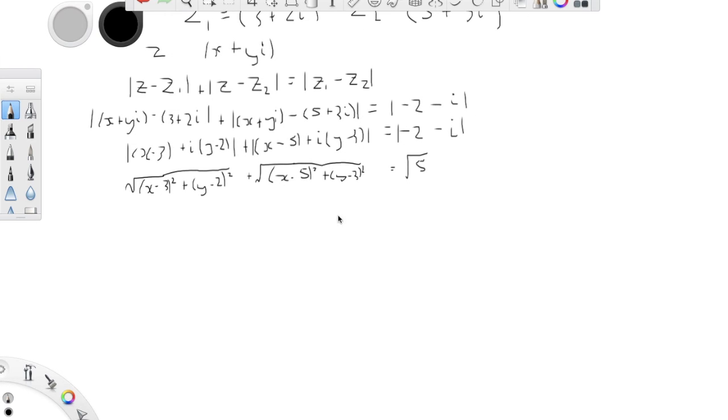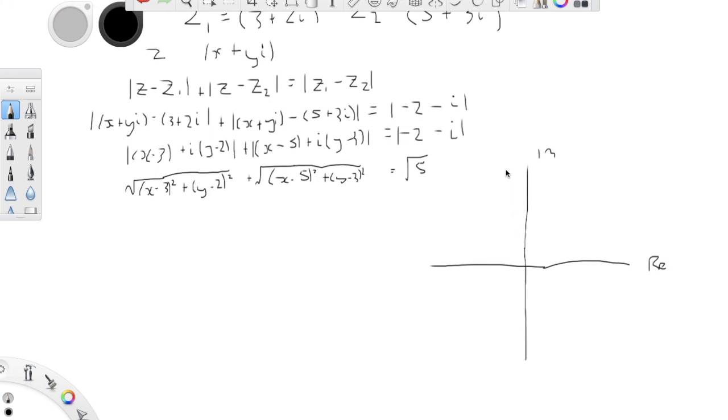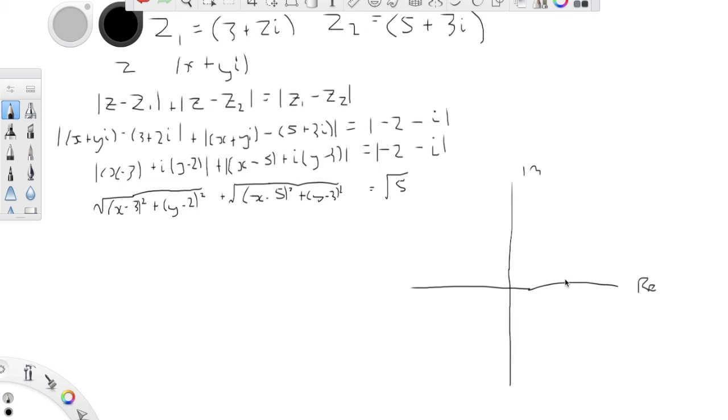So let's make our little Argand plane down here, and we'll plot our 2 points, with imaginary and real axes. Our 2 points are 3 plus 2i, so that'd be about there. Now 5 plus 3i, maybe 2 across and 1 up, so maybe like here. There we are.